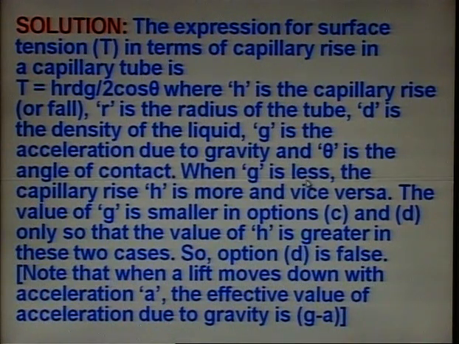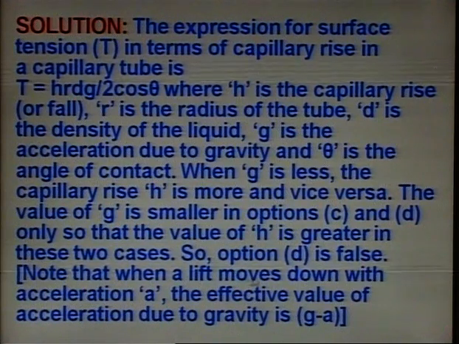So when g is less, the capillary rise h is more. The value of g is smaller in options C and D only, so the value of h is greater in these two cases. So option D is false.